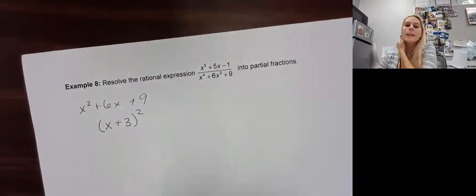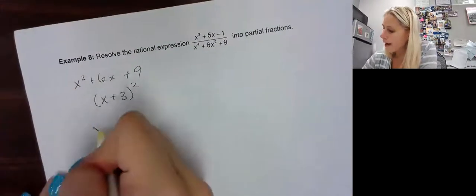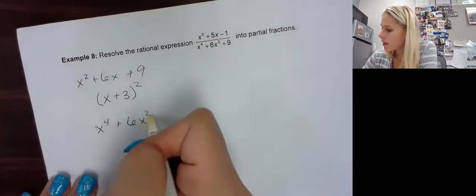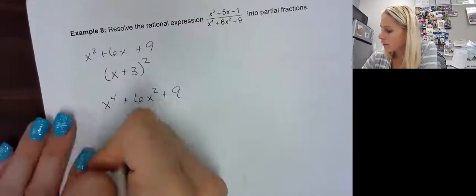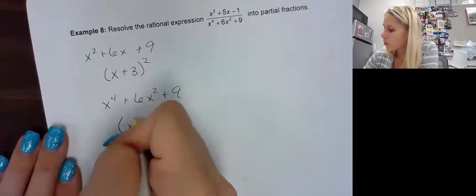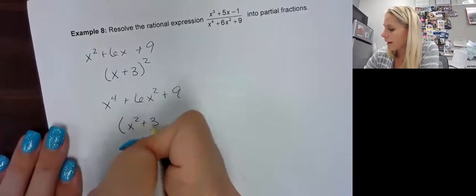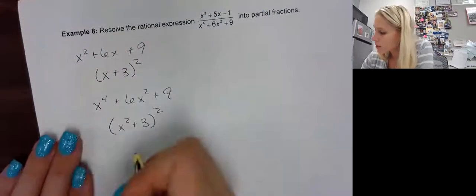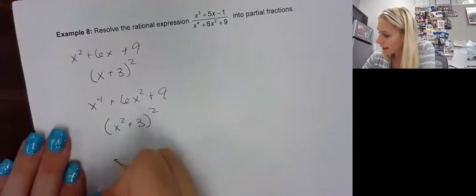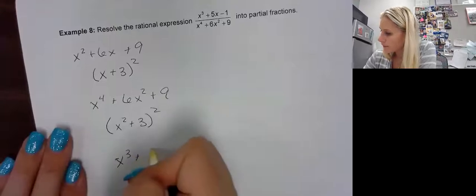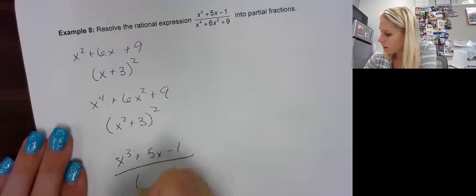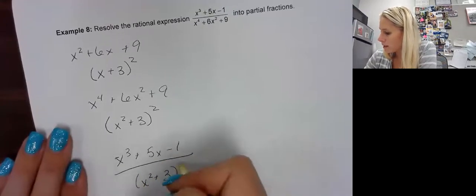Okay, but this is x to the 4th. So when we have x to the 4th plus 6x squared plus 9, you need to realize this is x squared plus 3 squared. Okay, so when we look at this, we're looking at x cubed plus 5x minus 1 all over x squared plus 3 squared.